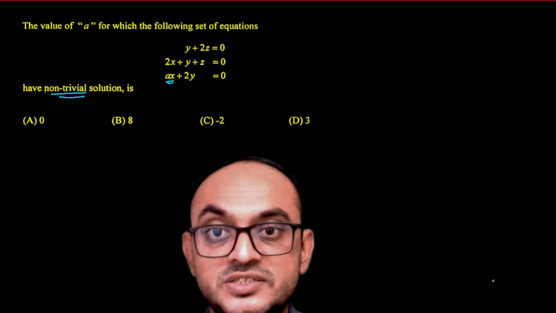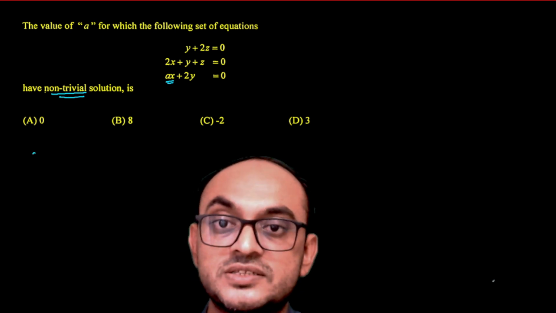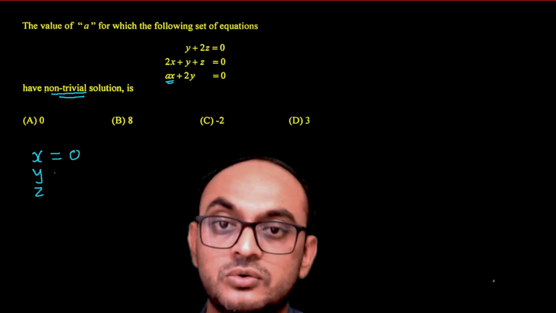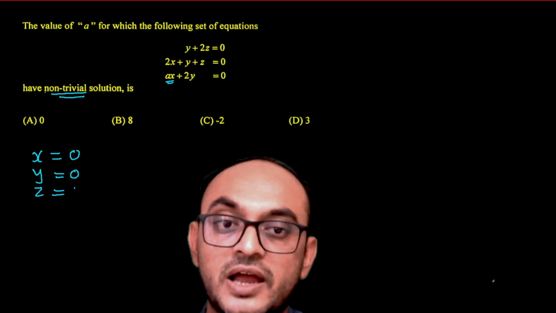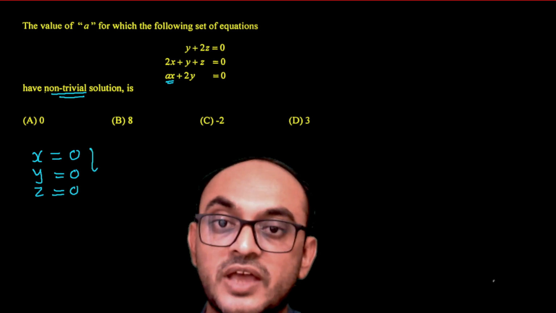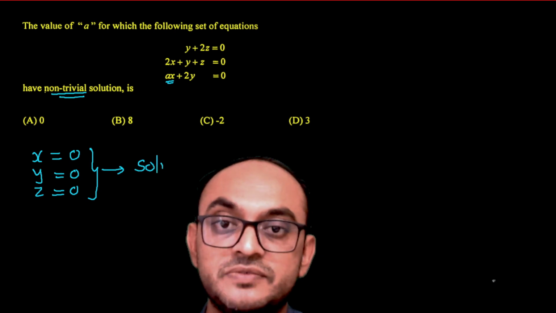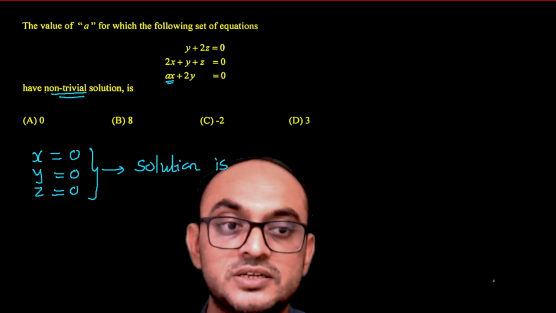Which are the variables here? We have three variables, x, y and z. So suppose x has value 0, y has value 0 and z has value 0, then we can say that the solution is trivial.